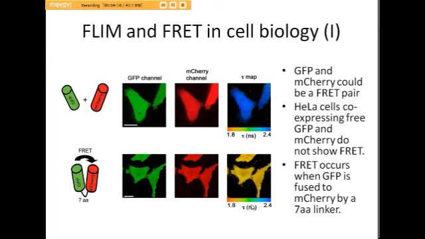This is also color-coded, just as the previous one. We can see from this image that the majority of molecules show yellow, which means around 2 nanoseconds. So the fluorescence lifetime now is, instead of 2.4, now 2. It's lower than 2.4, which indicates there is FRET between GFP and mCherry in this case.